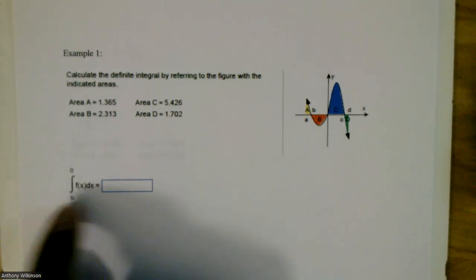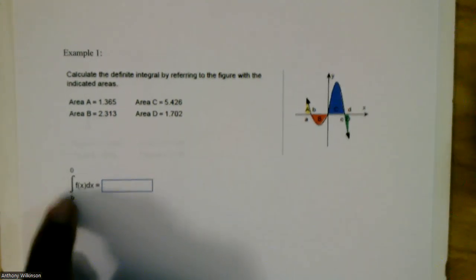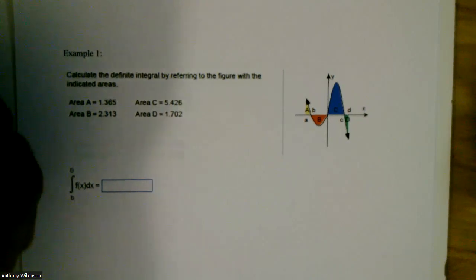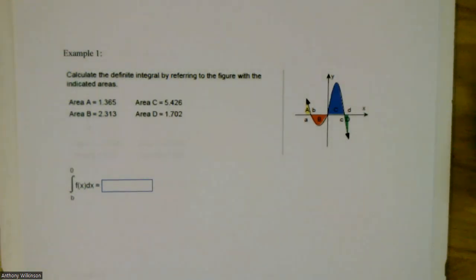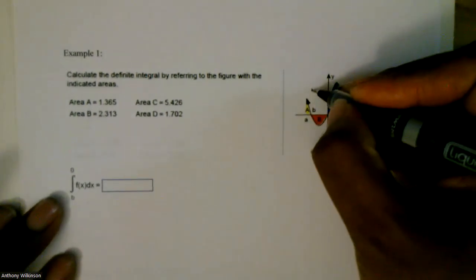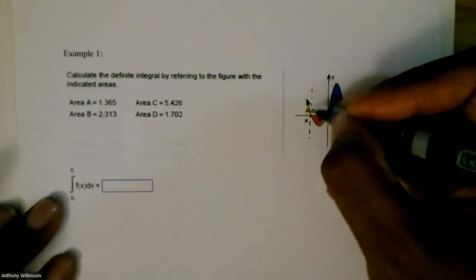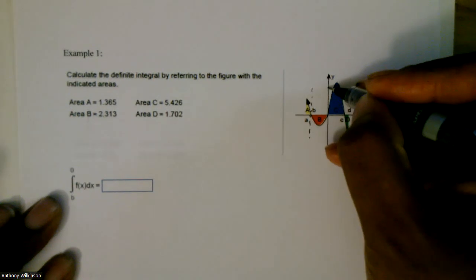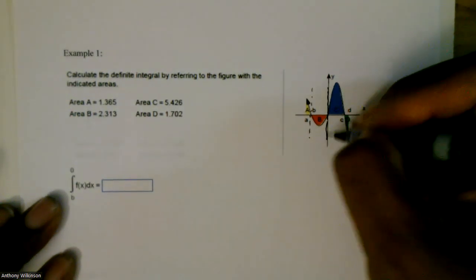Now here we're going to find the integral from b to 0 of f of x dx. That is, from lowercase b up to 0. So what I'm going to do here is draw a vertical dotted line where b is, and another vertical dotted line where 0 is.